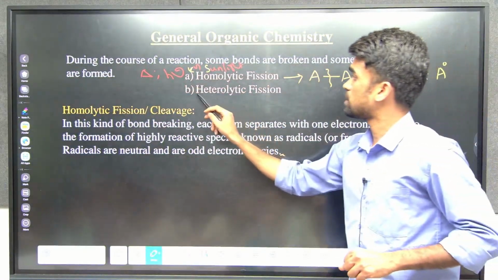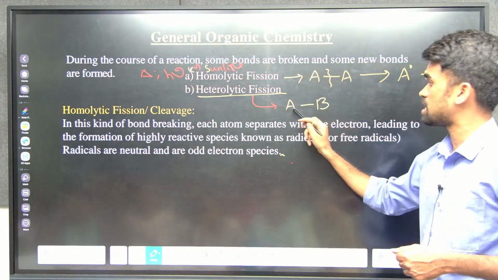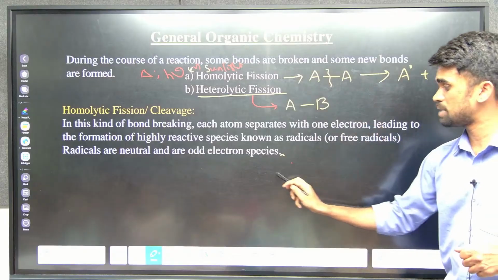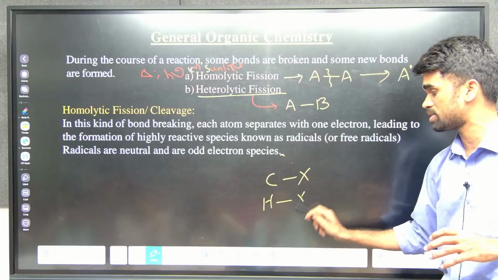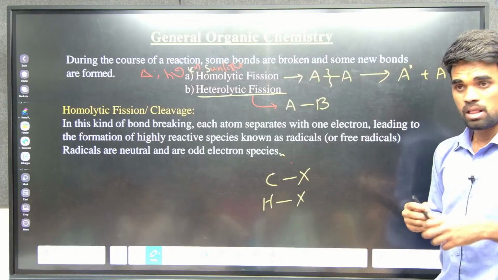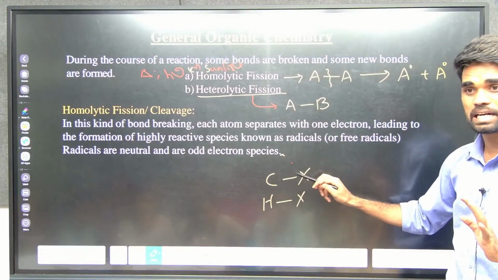Okay, next heterolytic cleavage, when does it happen, tell me? If the bond is more polar, like AB, there is a lot of electronegativity difference. For example, a carbon halogen bond is there, or a hydrogen halogen bond is there. What happens? Mostly it will be heterolytic cleavage. Why?